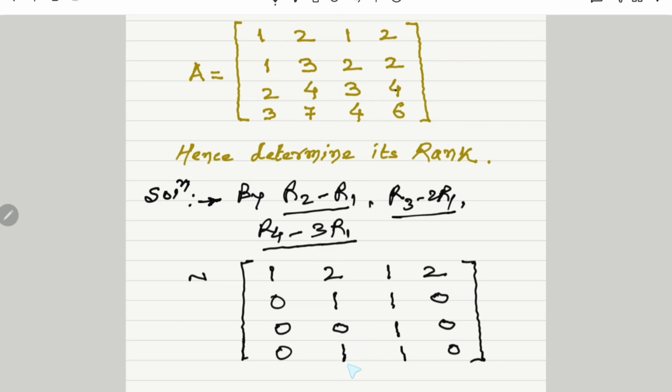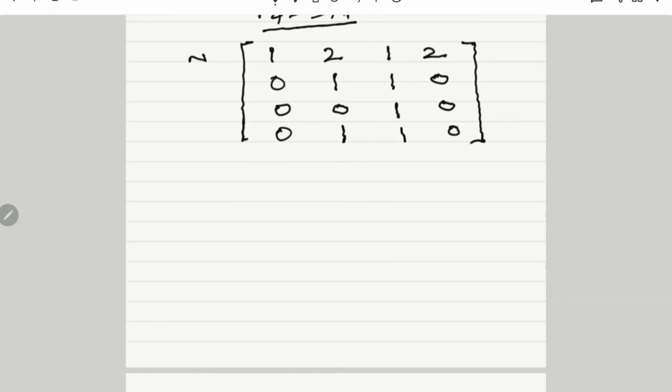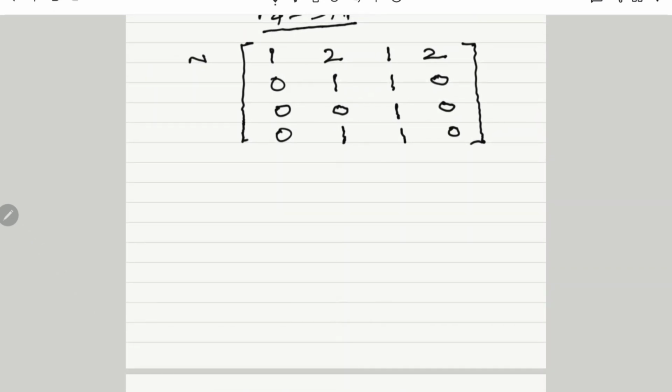Then we go for the second element in the fourth row, convert it to 0 with the help of this one. Therefore 1 minus 1 we get 0, means the transformation is R4 minus R2.